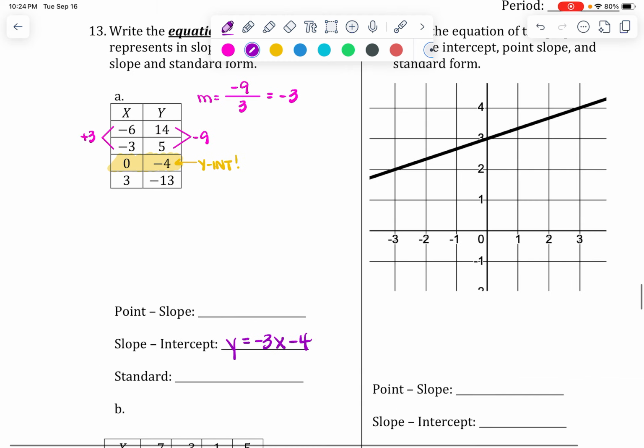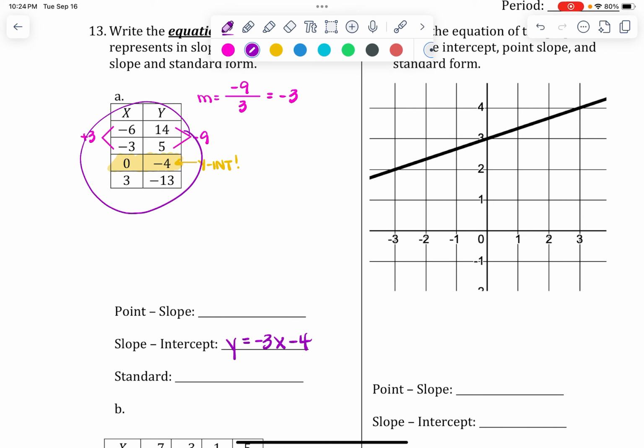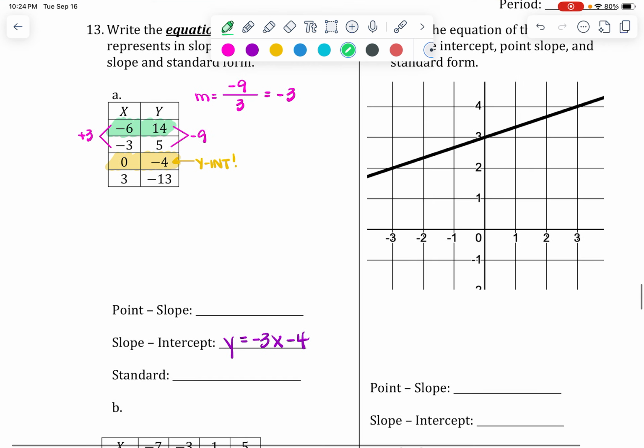Now, point slope form, guys, there's 4 different points, so 4 different point slopes that you could possibly write. I don't care which one you pick. I'm just going to pick the first point just for absolutely no reason other than it's the first point, right? And so I'm going to use that to do my point slope form.